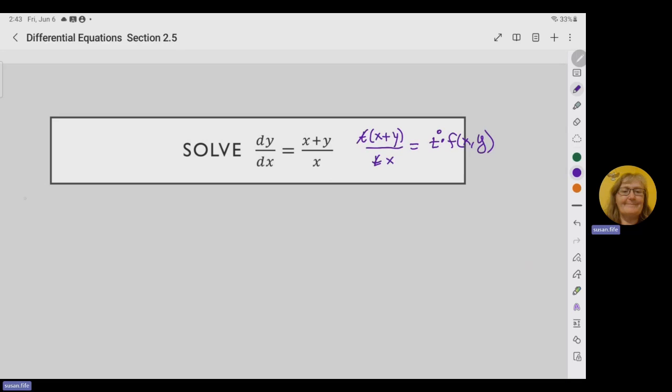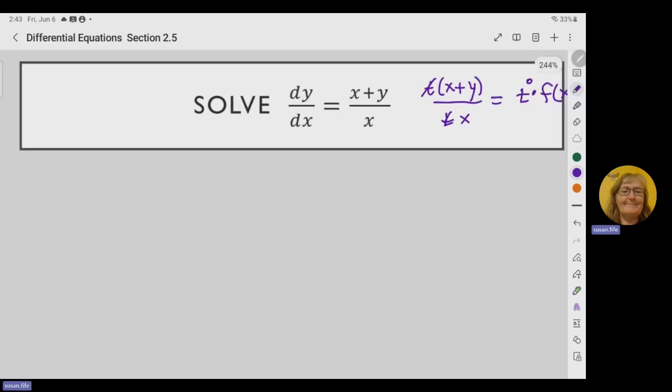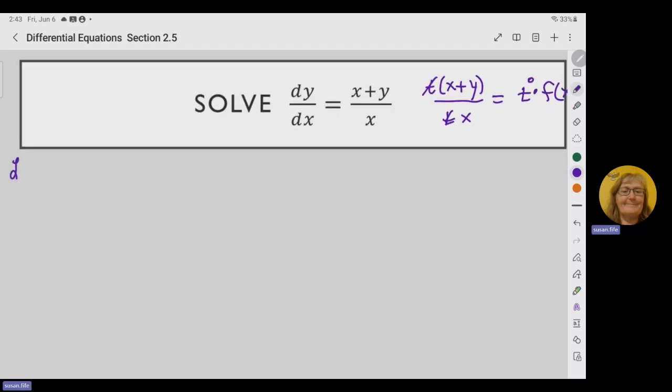To solve it, I'm going to zoom in so I have space. I'm going to let y equal u times x. And then dy dx becomes, let me write this as du dx times x plus u.